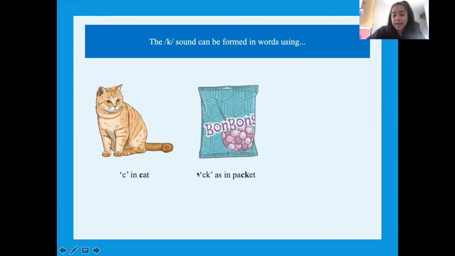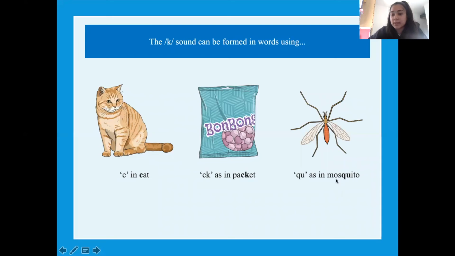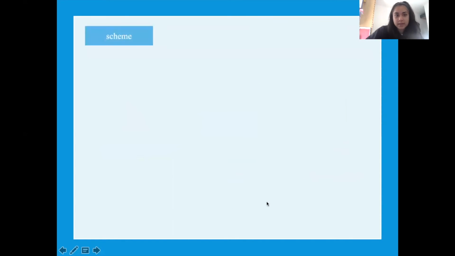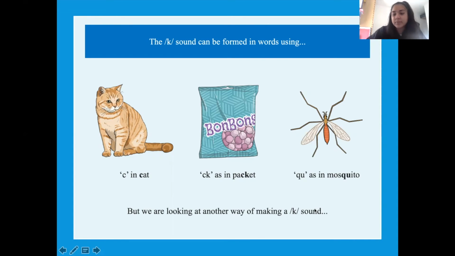The CK makes the same K sound in packet, as well as the QU sound, which makes a K in mosquito. Okay? But today, of course, we are looking at how to make the K sound in other words.